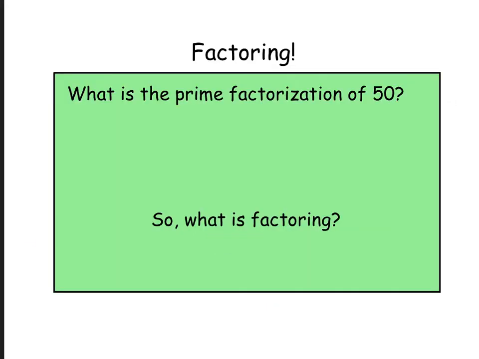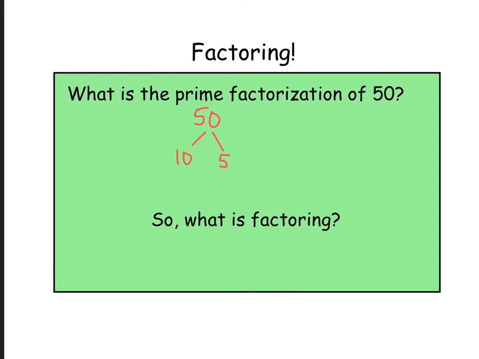Okay, so before we talk about doing more complicated ones, let's go back even to pre-algebra days, maybe even middle school or elementary school, when you were thinking about prime factorization. So let's say I wanted the prime factorization of the number 50. Remember making factor trees? I want to think, all right, what times what equals 50? There's a few ways to do it. We could say 10 times 5 equals 50.